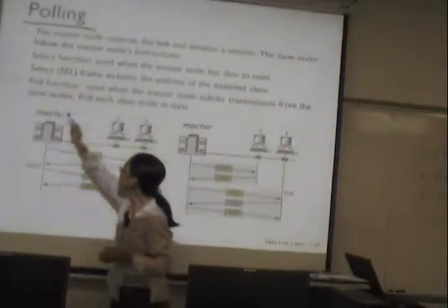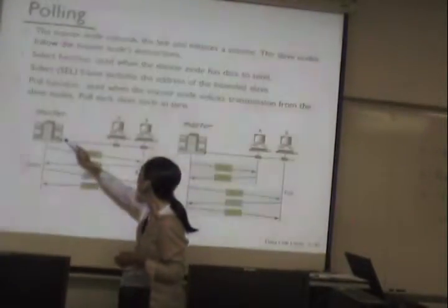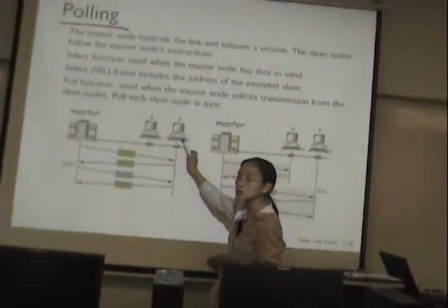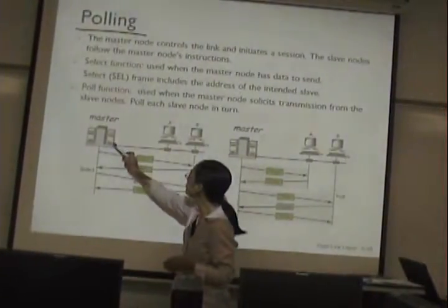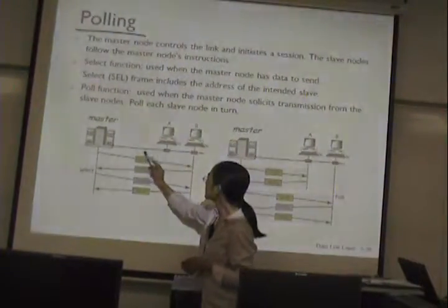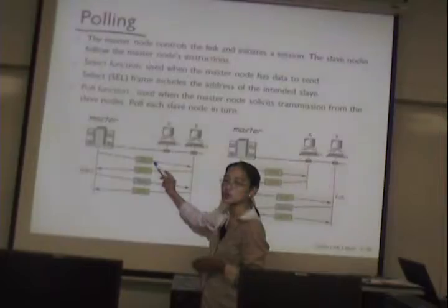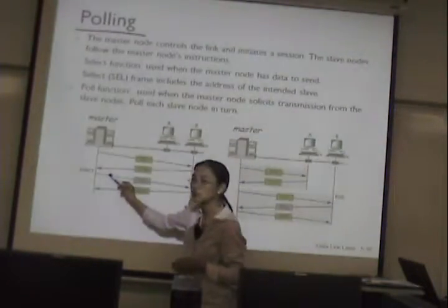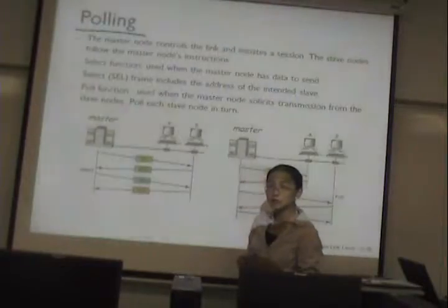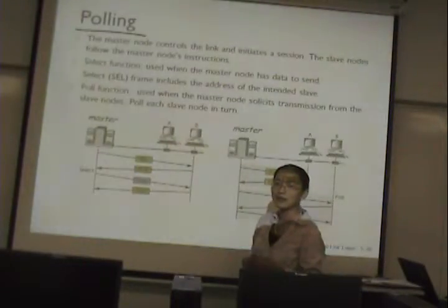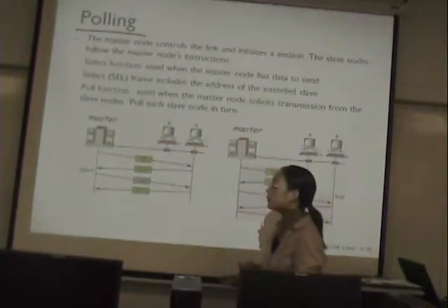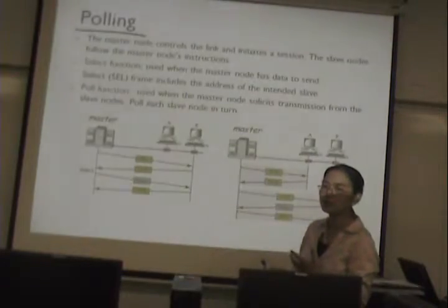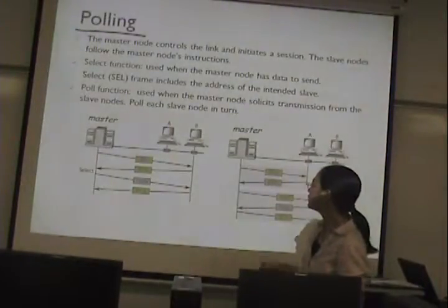In this example, the master has data to send to B. So the master sends out a select message to B, and B will acknowledge: I'm ready to receive your data. I have prepared the buffer you will need.